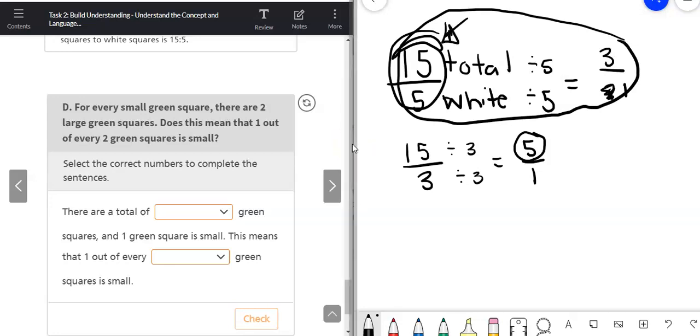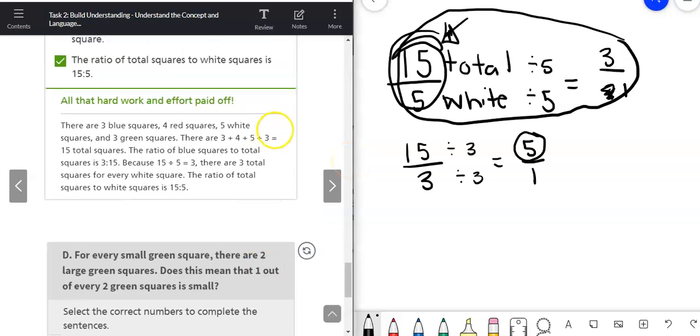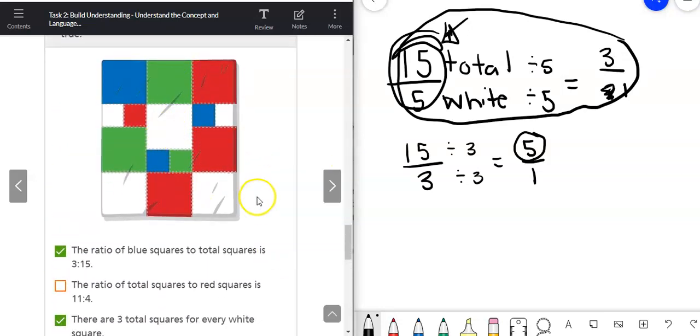Let's look at D. For every small green square, there are 2 large green squares. Does this mean that 1 out of every 2 green squares is small? So there are a total of blank green squares. So if I look up here, we have 3 green squares.